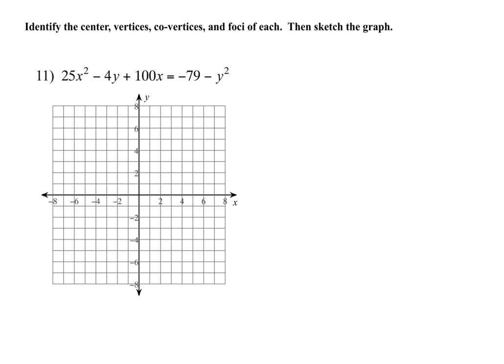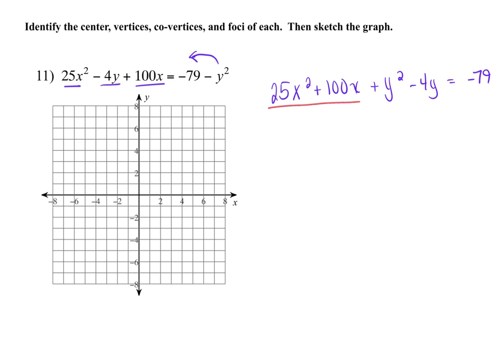So I'm going to group my x's. I have 25x squared plus 100x. I'm going to move this y squared over. So I have plus y squared, group it with the negative 4y, and I'm going to leave the negative 79 over here. All right? Then I'm going to do my completing the square.